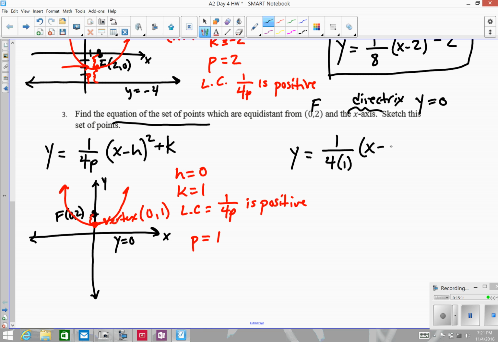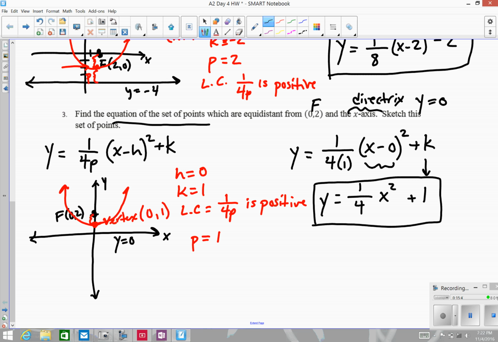X minus my h value is 0, quantity squared, plus my k value is 1. And x minus 0, we can clean that up. That's just x squared. And 1 over 4p is 1 over 4. So y equals 1 over 4 x squared plus 1.